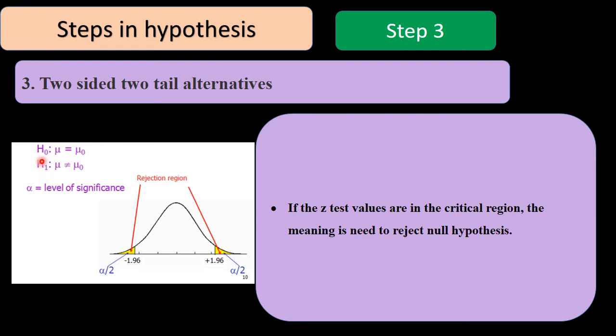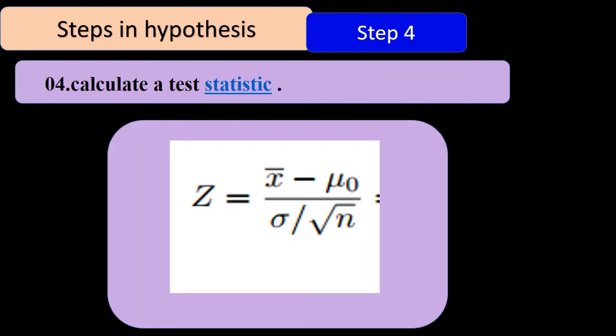When we set the hypotheses, the alternative hypothesis is mu not equal to mu naught, and the null hypothesis is mu equal to mu naught. If the z-test value is in the critical region, we need to reject the null hypothesis and accept the alternative hypothesis.